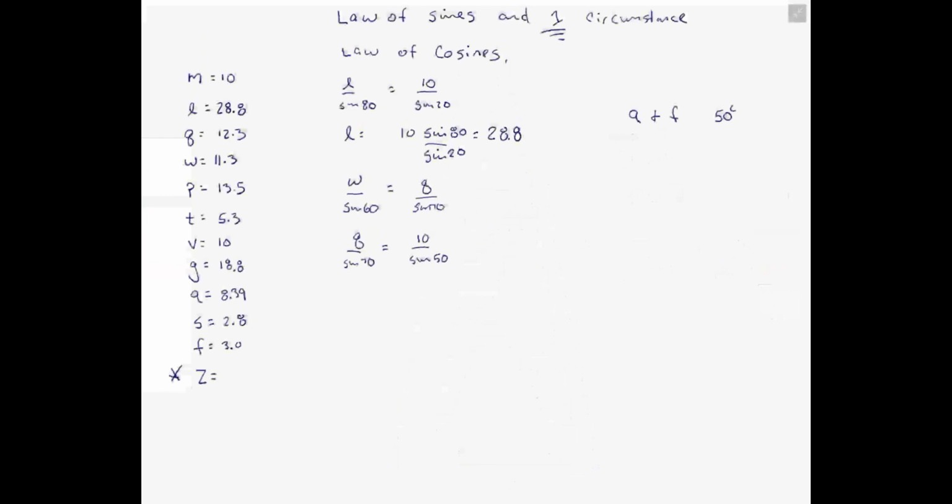And it turned out that by using that, we were able to find Z, and Z was 6.86. So I'm able to get all of these different lengths when I just arbitrarily use a side M equals 10. This is the key to the trick.